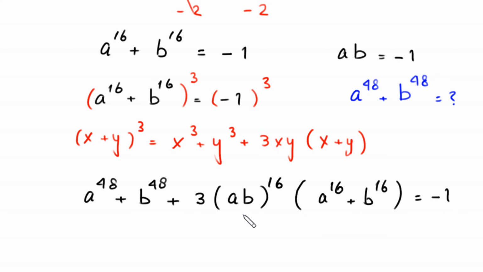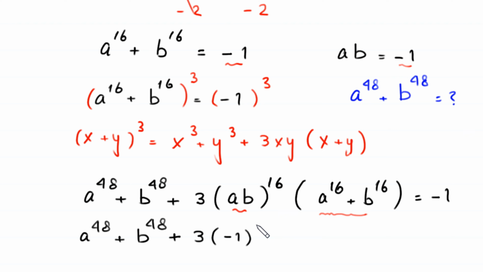Now we replace ab with negative 1, and we replace a to the power 16 plus b to the power 16 with negative 1. So this will become a to the power 48 plus b to the power 48 plus 3 times negative 1 to the power 16 times negative 1 equal to negative 1.